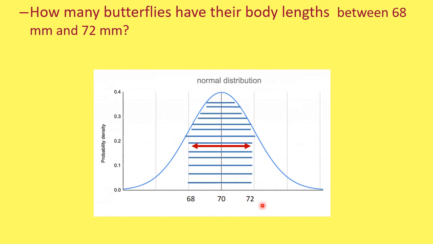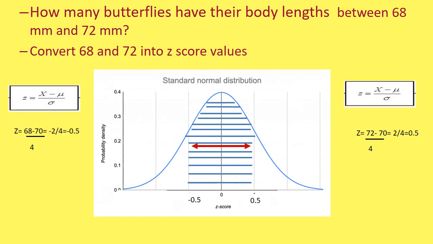Then you just need to convert these values into Z-score values. When you convert these 68 and 72 values into Z-score values, you get Z equal to minus 0.5 and plus 0.5. The same thing we applied by using this equation.